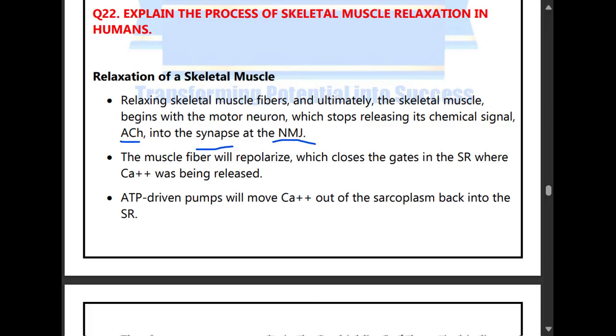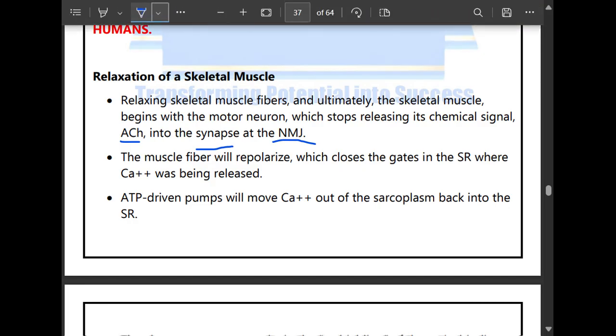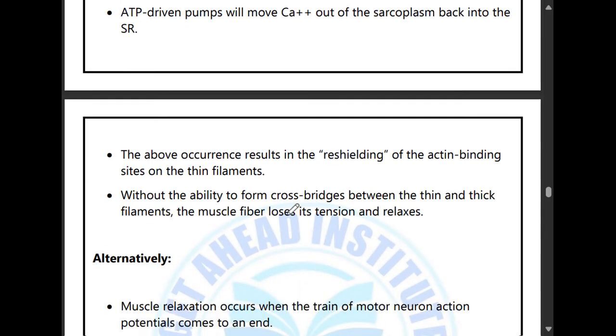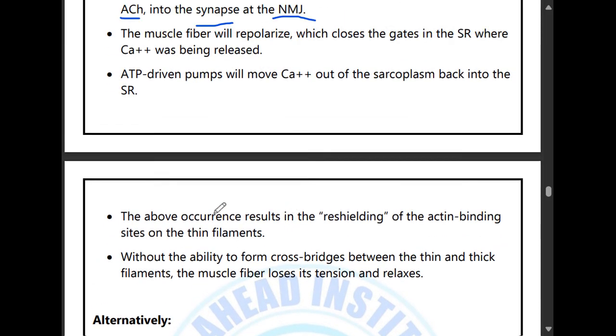When it does, it closes the gates in the sarcoplasmic reticulum where calcium was being released. Then the ATP driven pumps will move calcium ions out of the sarcoplasm back into the sarcoplasmic reticulum. This results in the reshielding of the actin binding sites on the thin filaments.